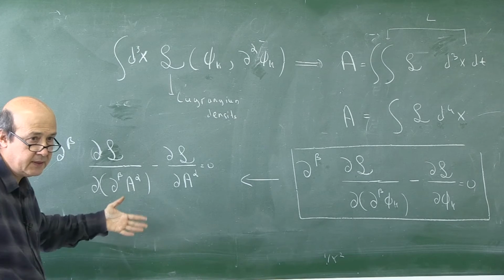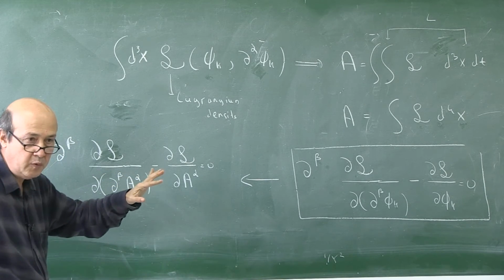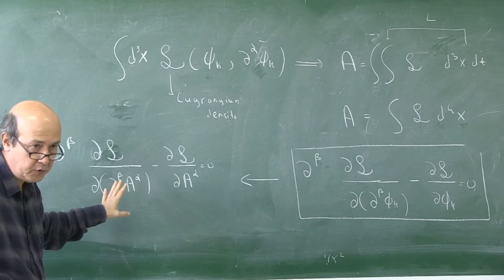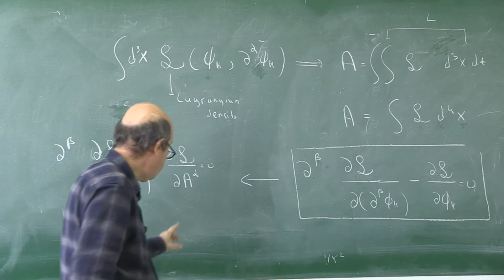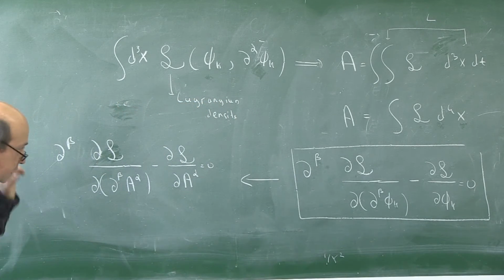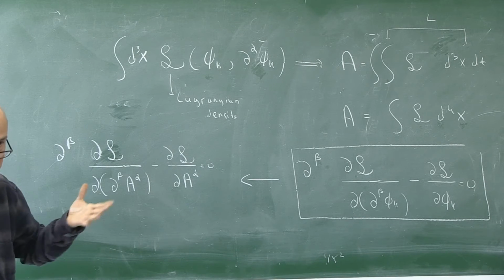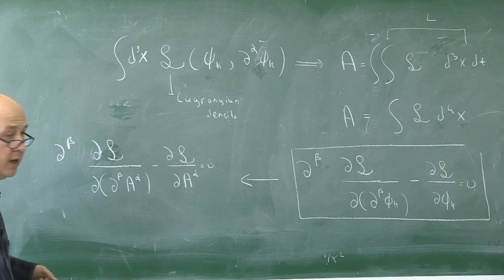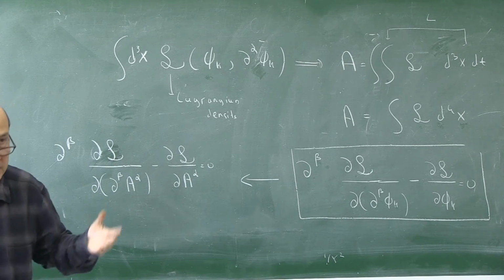What is the free index? Alpha. So basically alpha is 0, 1, 2, 3. You have four equations. Okay? So this is the format of the earlier Lagrange equations. So what is next? We have to find a Lagrangian density. What are we going to find? Maxwell's equations.